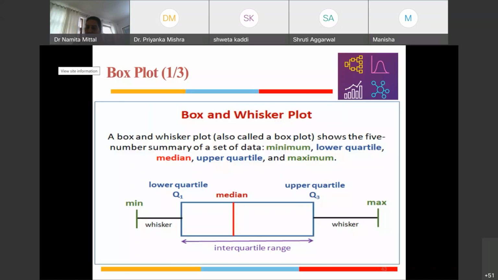So we have the median. We can calculate the 25th percentile, which is Q1, and the 75th percentile, which is Q3. We can have the IQR, the interquartile range, that is Q3 minus Q1, and so many things. This is an important part to be taught in data science when we do pre-processing of data.